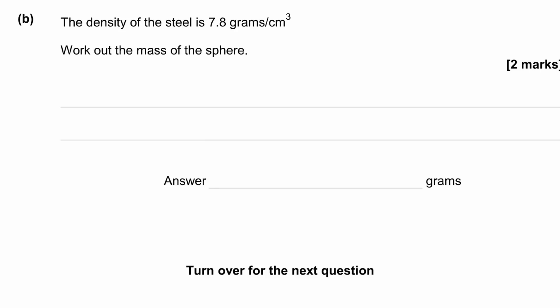In part B, we're told that the density of the steel is 7.8 grams per cubic centimetre. Work out the mass of the sphere. Well, the formula for density is mass over volume.